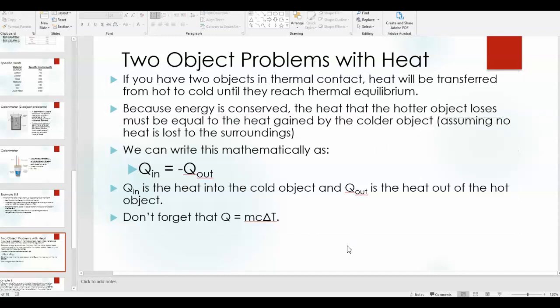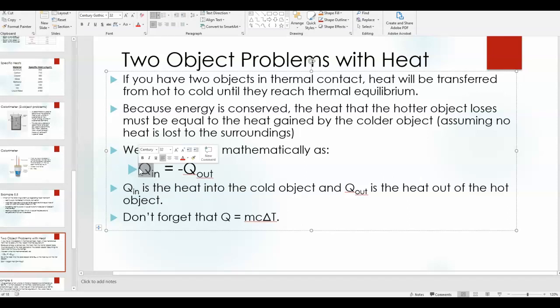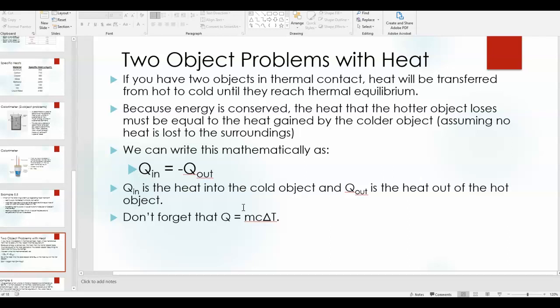So the way we write that mathematically is we say Q in equals minus Q out. The heat going in is equal to the heat coming out of the other object. So this is the equation you always use for two-object problems. Don't forget at the same time, Q is also equal to mcΔT. Now, how do you know which is Q in and which one is Q out?